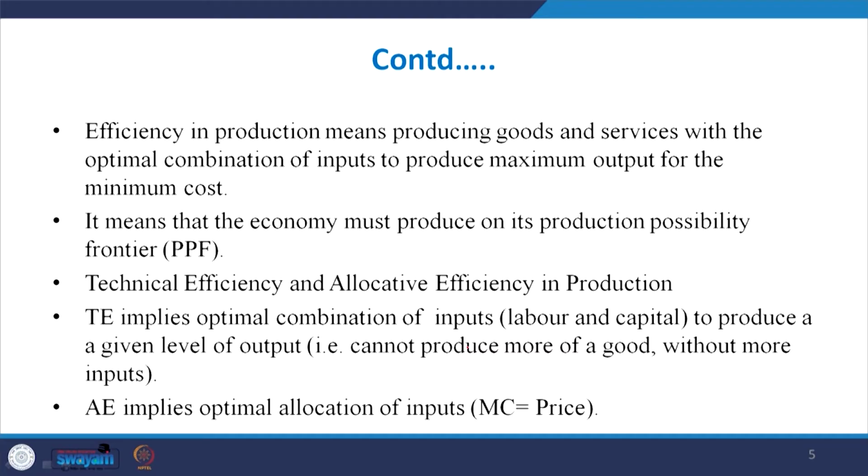That is why at the point where MC, marginal cost, is equal to price of the product, allocative efficiency is measured. So, you have two kinds of efficiencies, allocative efficiency and also technical efficiency, and economic efficiency is equal to allocative efficiency multiplied by technical efficiency, and that we have already discussed. It is achieved at the point where the isoquant is tangent to the factor price line.